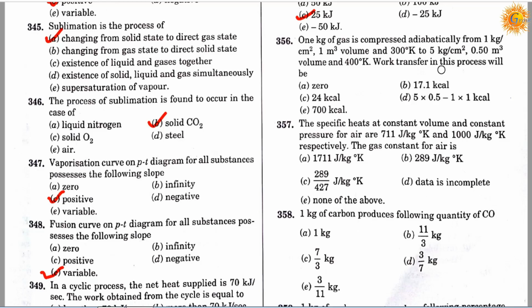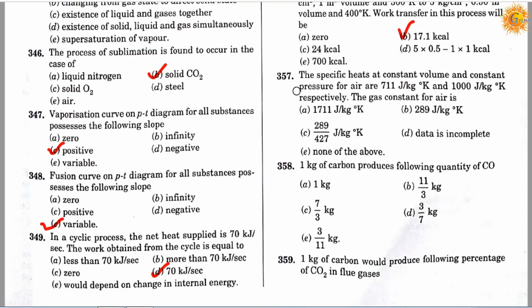Work transfer in this process will be option A is 0, option B is 17.1 kilocalorie, option C is 24 kilocalorie, option D is 5 into 0.5 minus 1 into 1 kilocalorie, and option E is 700 kilocalorie. So correct answer is B, it will be 17.1 kilocalorie.